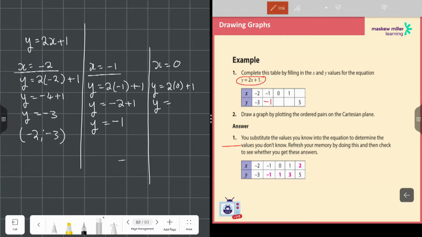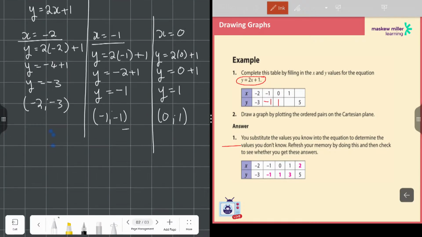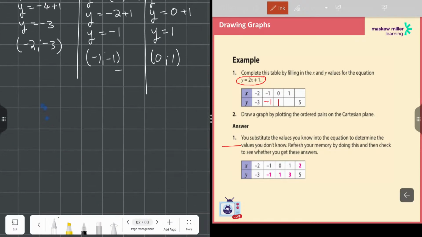So 2 times 0 is 0 plus 1, and 0 plus 1 is just what? 1. So for my x value, 0, y is 1. In fact, let me do that here. So when x is negative 1, y is negative 1. When x is 0, y will be 1. All right? Let's just move that a bit up, and let's find the other corresponding values.